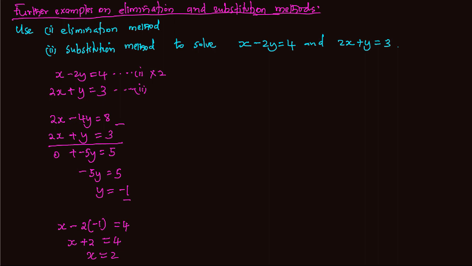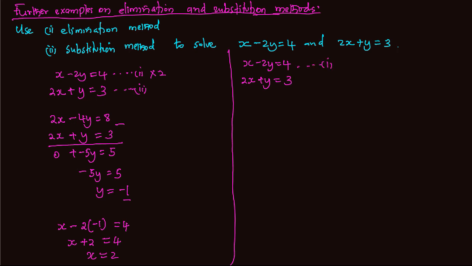Using substitution method, we have the equations x minus 2y is equal to 4 and 2x plus y is equal to 3.